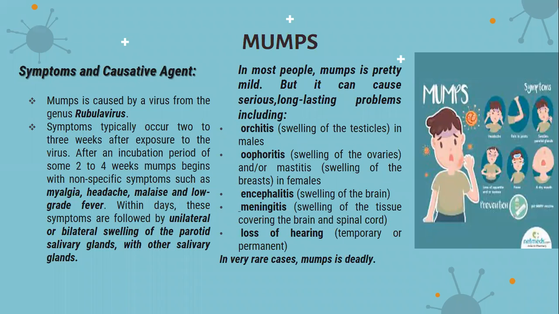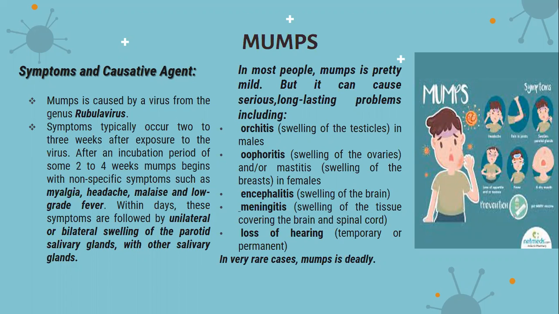Then symptoms and causative agent. Mumps is caused by a virus from the genus Rubulavirus of the family Paramyxoviridae. Symptoms typically occur 2 to 3 weeks after exposure to the virus.